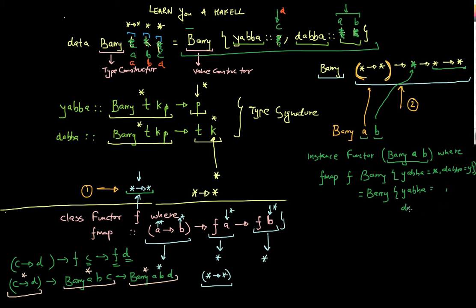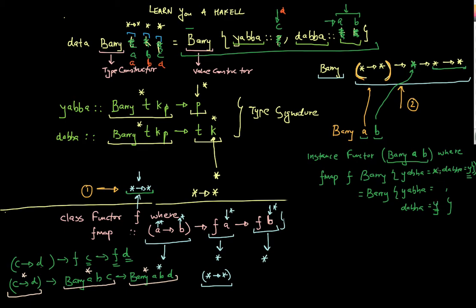Daba is going to have the same value Y, because I know that the type of Y is AB. That's why I'm pattern matching, right? If the type of Y is AB, I also know that the value that I need over here, which is Barry ABD, is also going to have the second component as it is. This isn't going to change.